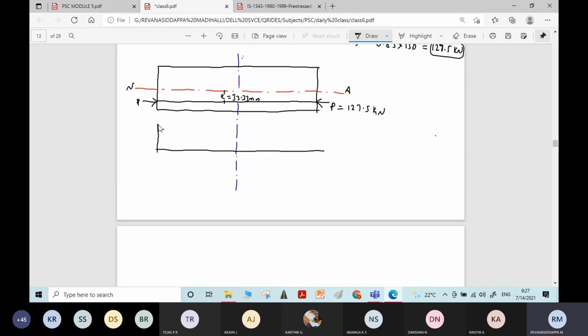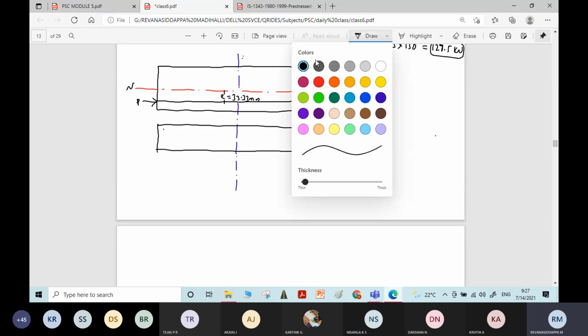The nature of BMD will be rectangular shape. Okay, for parabolic cable, the nature of BMD will be parabolic shape. Okay, I hope you are able to recall the things.